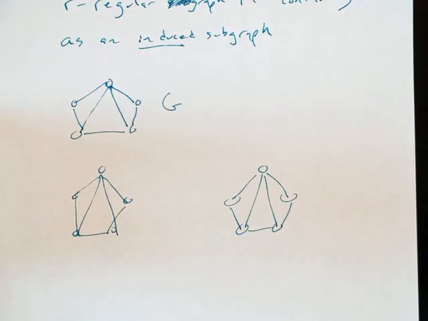And now what I'm going to do is connect all the things that are not degree 4 in the left picture to things that are not degree 4 in the right picture. I'm going to add more edges. So what edges do I add?